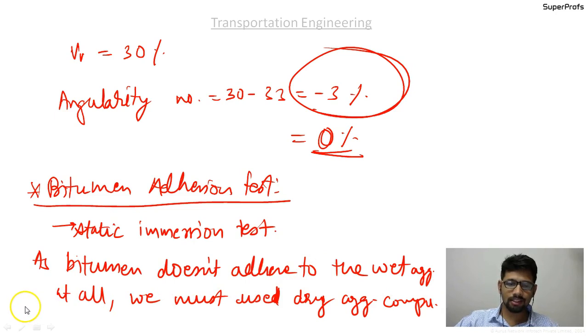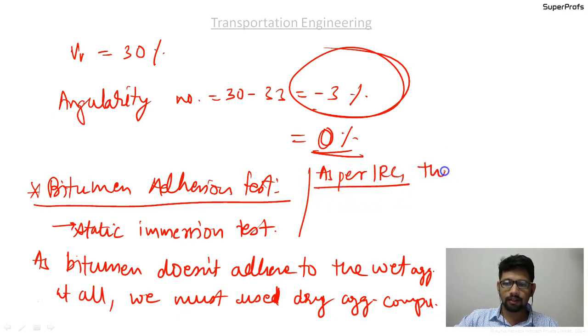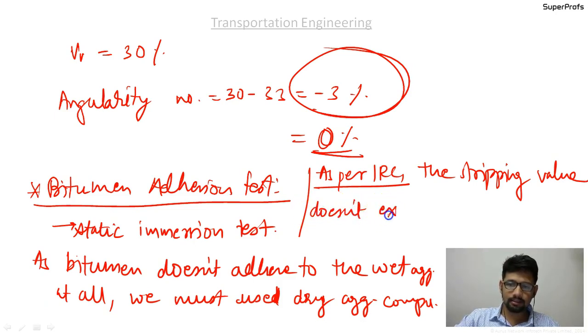If you want, you can just search for it. You will get sufficient information regarding this test. Just take a note that as per IRC, the stripping value of aggregate should not exceed 5% for use in bituminous surface dressing.